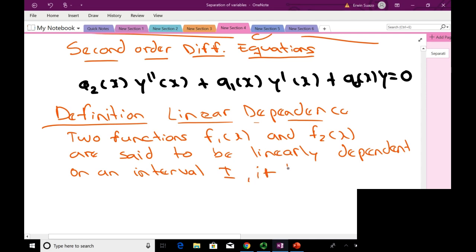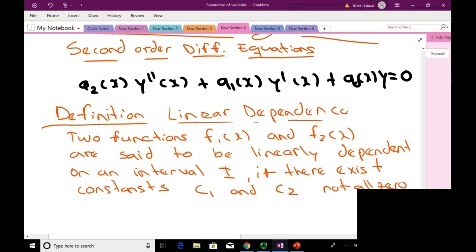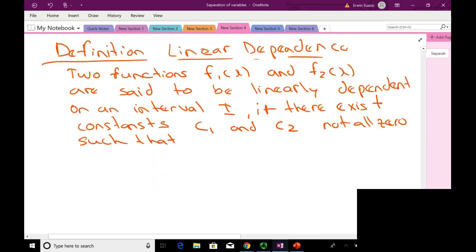If there exist constants C1 and C2, not all 0, such that C1 f1(x) plus C2 f2(x) equals 0 is happening.